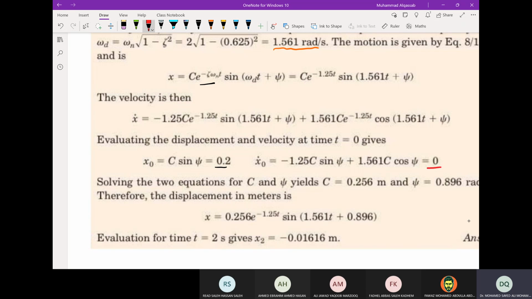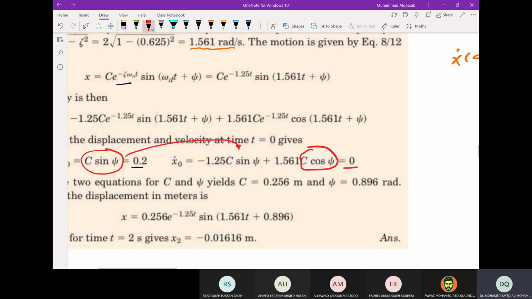The velocity equation is minus 1.25 c sine phi plus 1.561 c cosine phi. You can substitute c sine phi here, and then you can get the equation for c cosine phi.